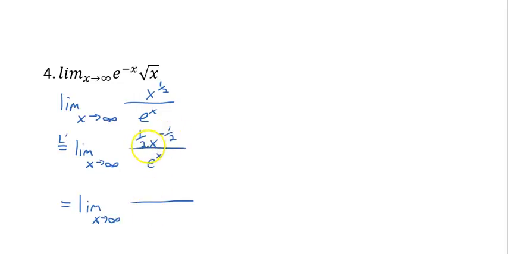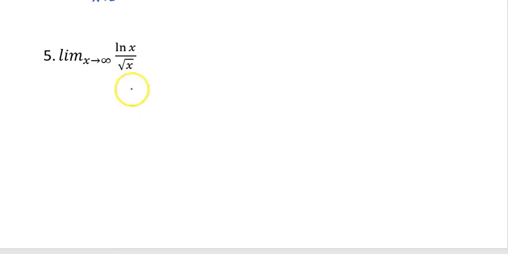I can move that 2 to the bottom because it's on the bottom of a fraction. So I have x to the 1/2 and e to the x. So if you didn't notice it before, now you should notice that it is a small over big situation, and small over big is 0.